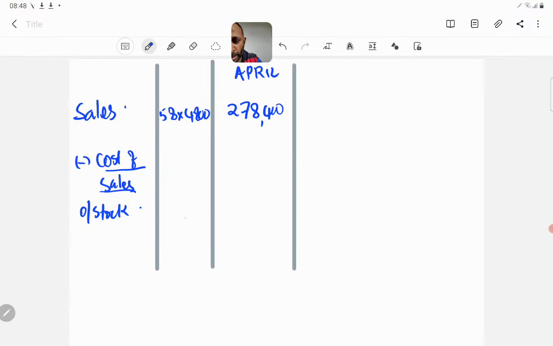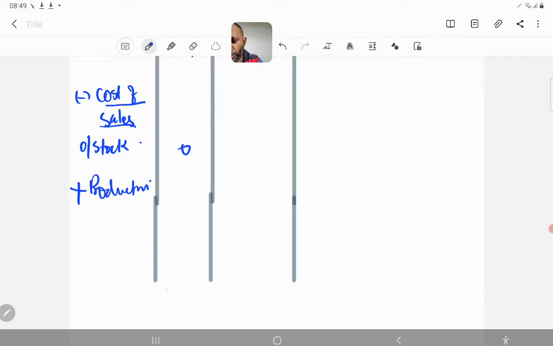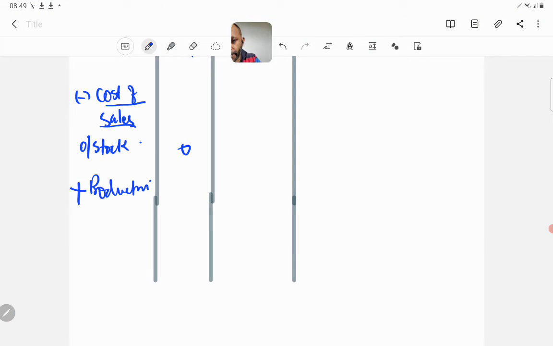So opening stock is 0. Then production: we have made 5,400 units.